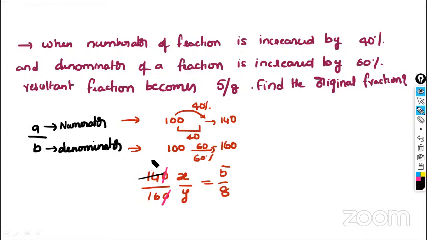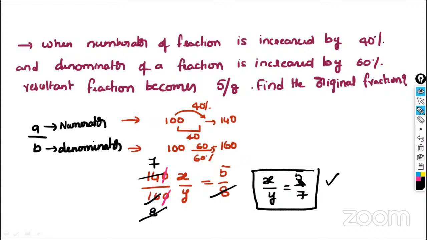So here 7 and 8. In the equal to, the denominators or numerators can be cancelled if the possibility is there. Here 8 and 8 is possible. Then the denominator value after the equal to becomes the numerator value, and this becomes the denominator value. x by y equals 5 by 7.